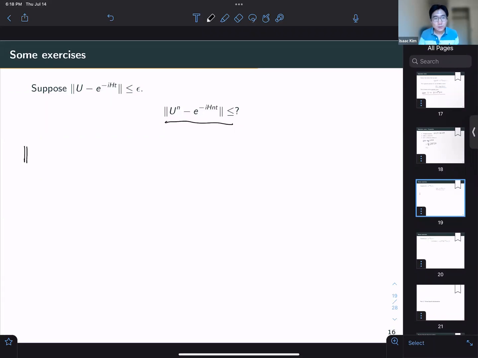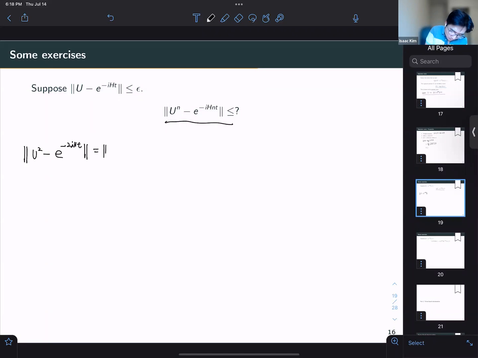It goes as follows. For a simple case, let's consider the n equals 2 case. In that case, what I'm going to compare is U squared to e to the minus 2iHt. So how would you actually find this?